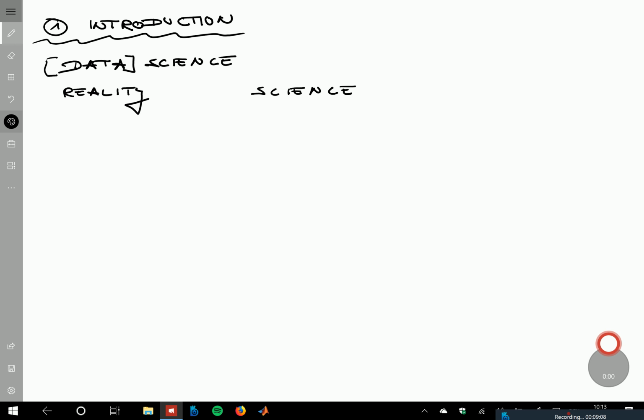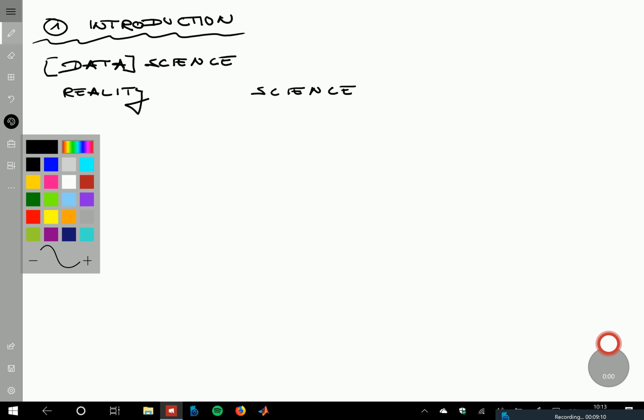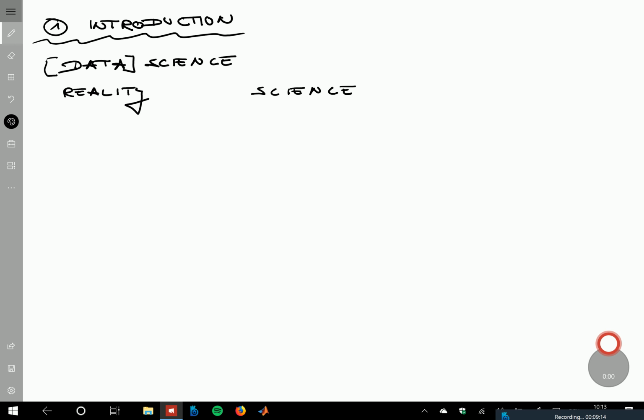Of course you can do philosophy and debate whether there actually is something called reality or not, but the scientific mindset assumes that there is something that we want to call reality, and we want to, with science, somehow study reality.